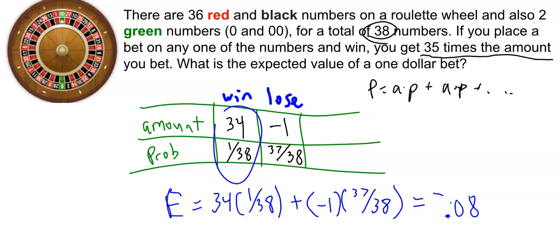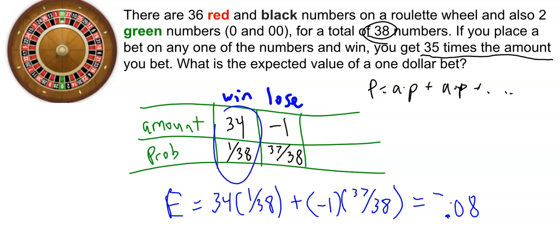If you played 100 times, you spent $100, you would lose about $8. You're going to lose about 8% of your money, or 8 cents on every dollar that you spend, on average. Now, it never actually happens that way. You either win big or you lose your dollar, but on average, the mean expected value, is 8 cents. So you're losing 8 cents on the dollar, 8% of your money every time you play.